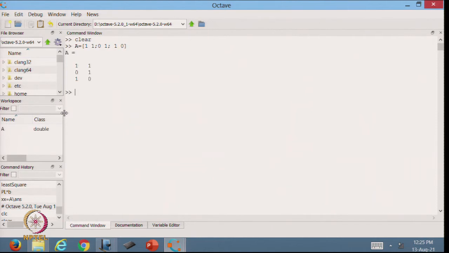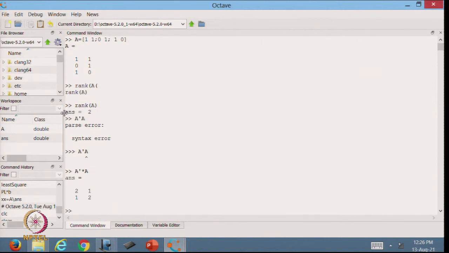So this is my matrix. You can see that I can find the rank of this matrix A, and the rank is 2. Now I can find the value of A transpose A, where I have to write the star multiplication. So this is my matrix A transpose A.